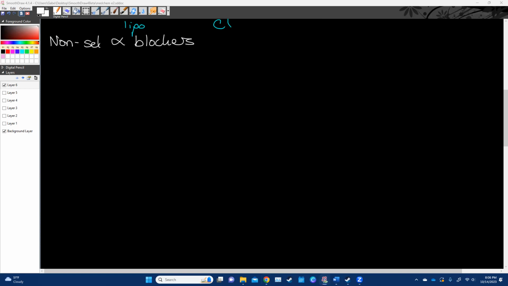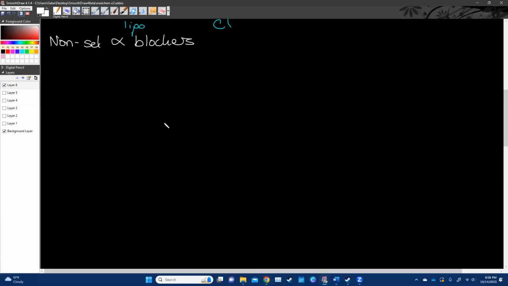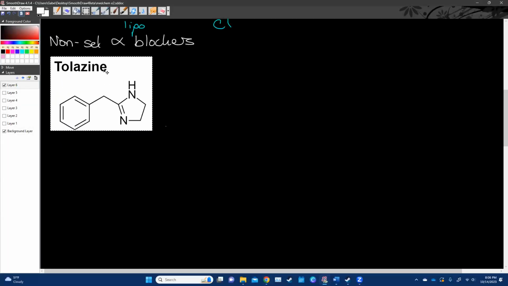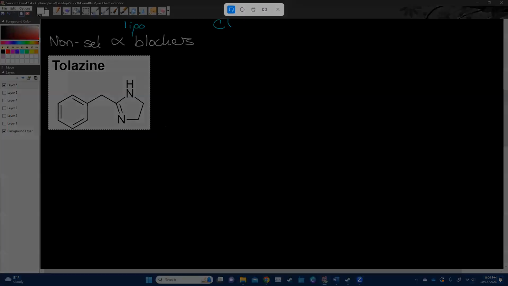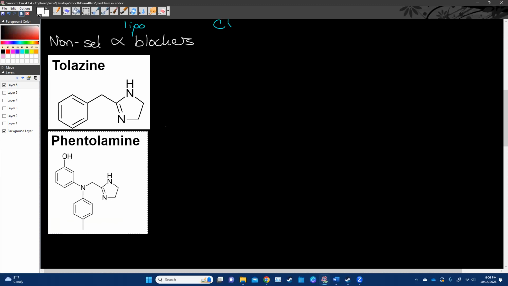The first drug that we're going to look at is one of the most simple out there, and it is tolazoline and its brother, phentolamine.